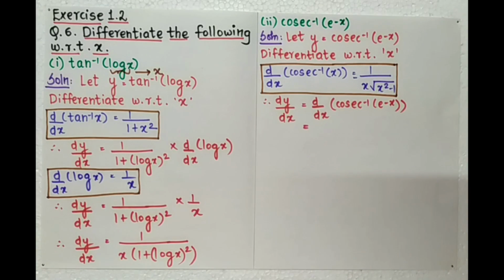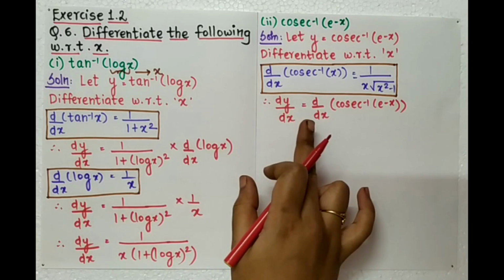See, by default we need to consider the derivative of sec inverse x as 1 upon x root of x square minus 1 and derivative of cosec inverse x as minus 1 upon x root of x square minus 1 while solving the problems, unless and until the conditions are mentioned in your question.